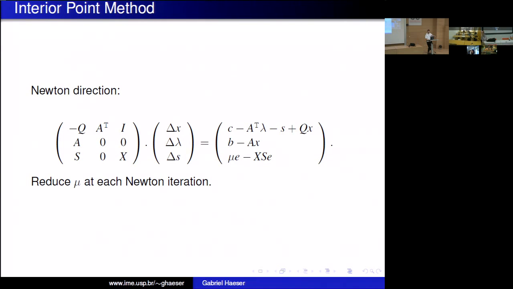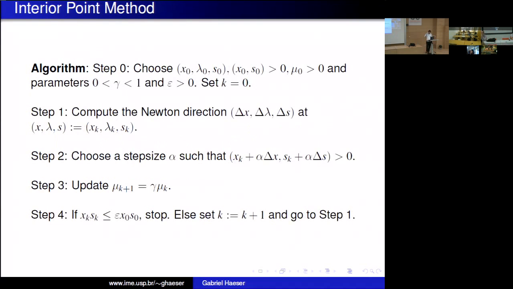Then you reduce mu and do everything again. So it's an infinite sequence of infinite sequences. The idea of the interior point method is to perform only one Newton iteration. So you perform one Newton iteration, reduce mu, perform another Newton iteration, reduce mu.